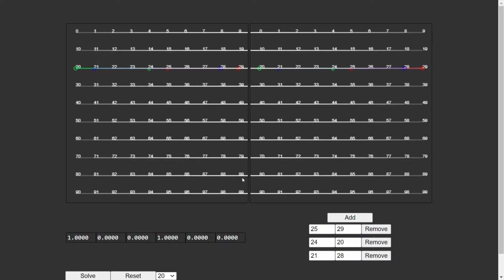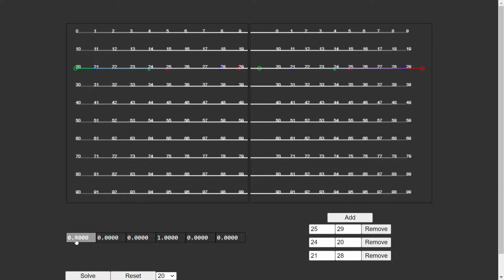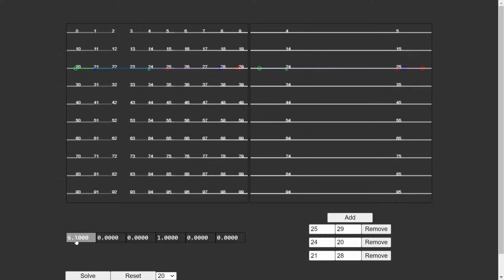Because to fit the first 2, there's only one action available, which is that you need this guy to go up, and because the third point is in the same row, there's no other action available.